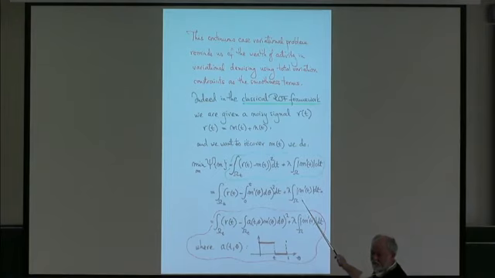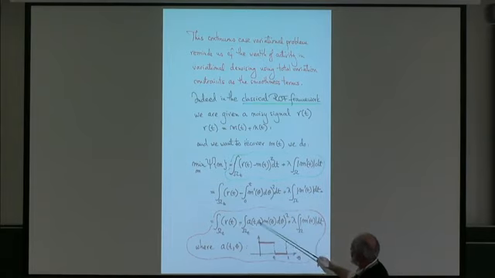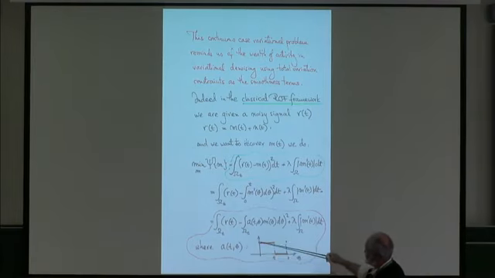Now you can define a of t theta as a function which is 0 up to 0, then at 0 it jumps to 1, and it stays at 1 up to the moment t, and it goes to 0 again.